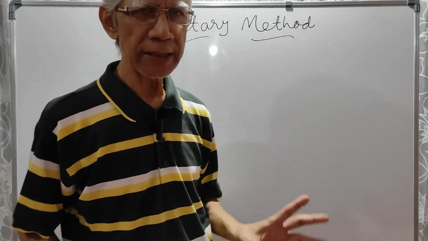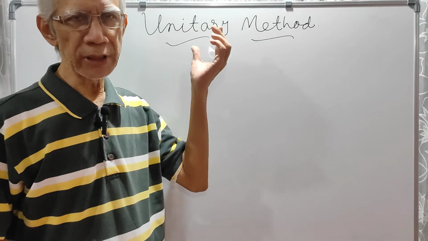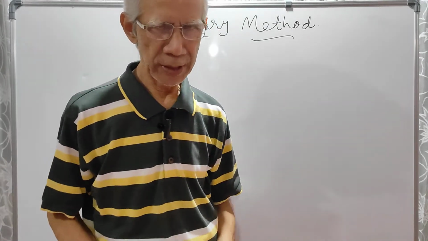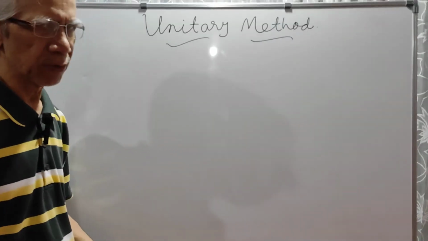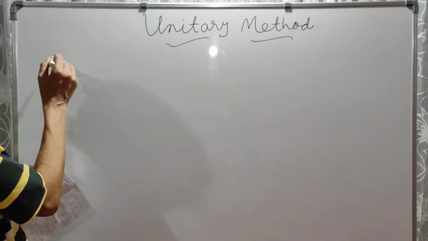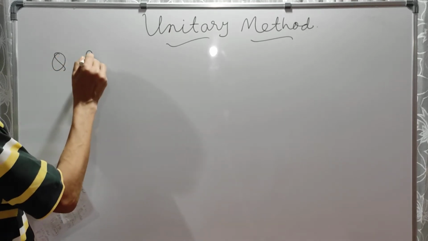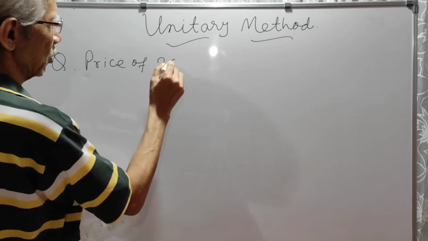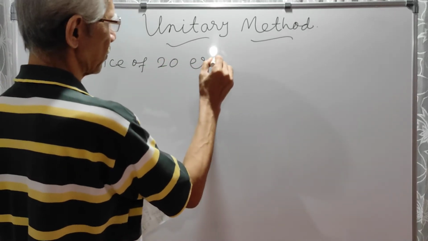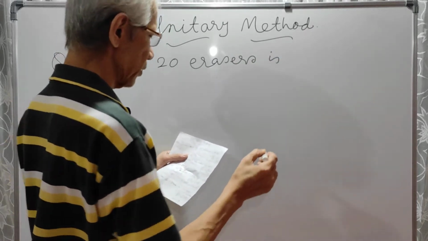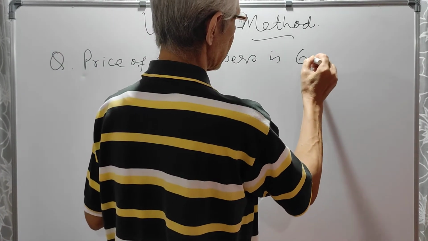So let us take an example. Now why is it called the unitary method? You will see as the example is explained. Suppose there is a question this way: the price of 20 erasers is rupees 60.